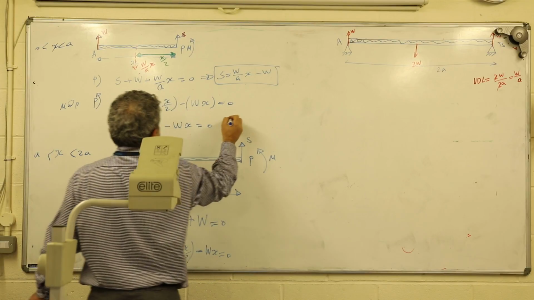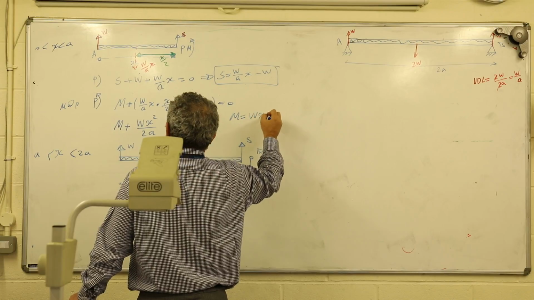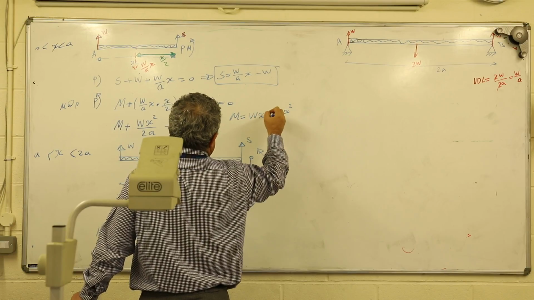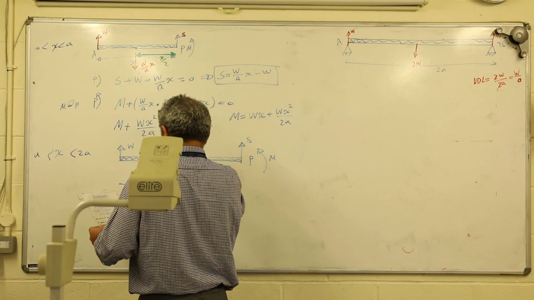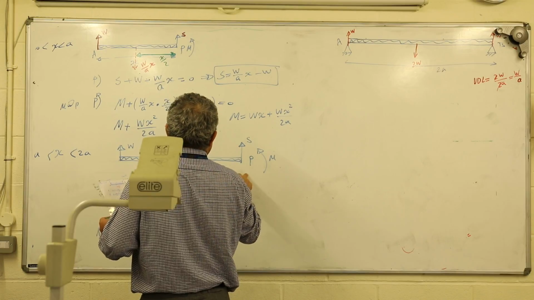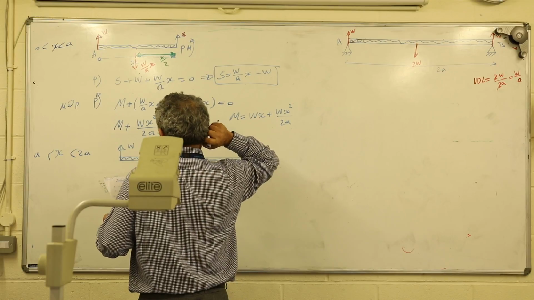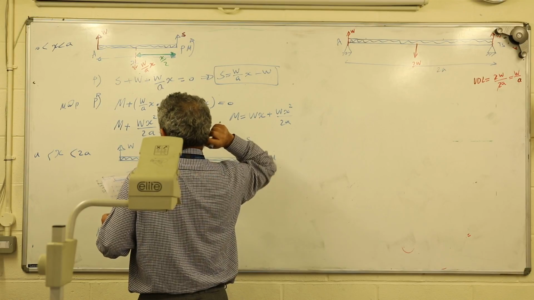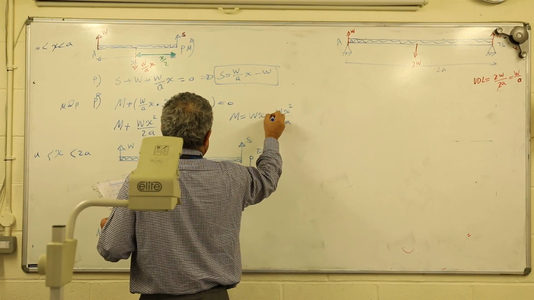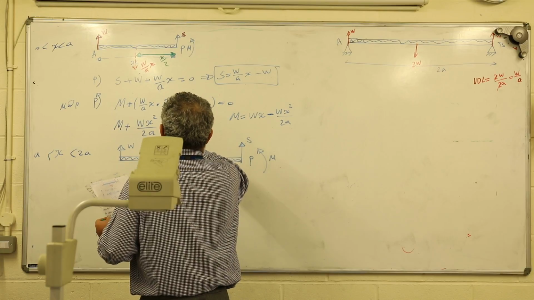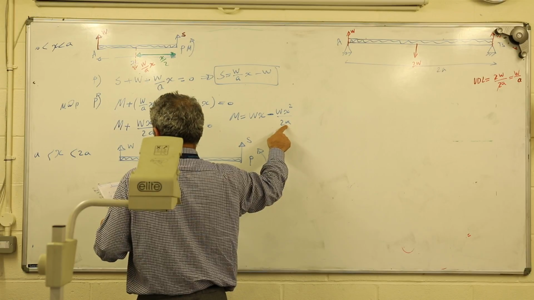And this one, M is equal to Wx minus Wx squared over 2A. This goes the other side, becomes negative then. This goes the other side, it becomes positive. Yes? Yeah.